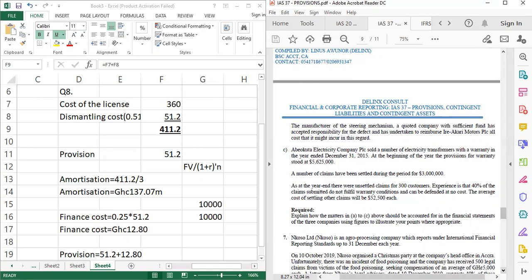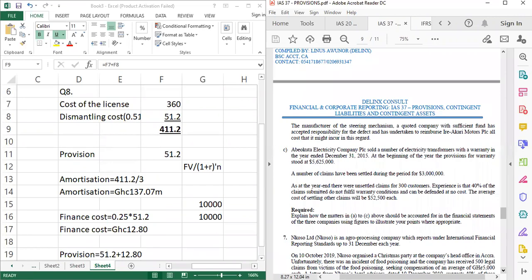C. Abeokuta Electricity Company Limited sold a number of electricity transformers with a warranty in the year ended 31st December 2015. At the beginning of the year, the provision for warranty stood at 5,625,000.